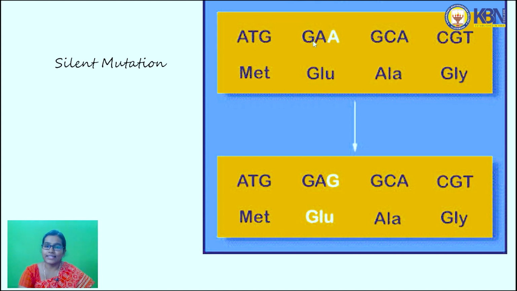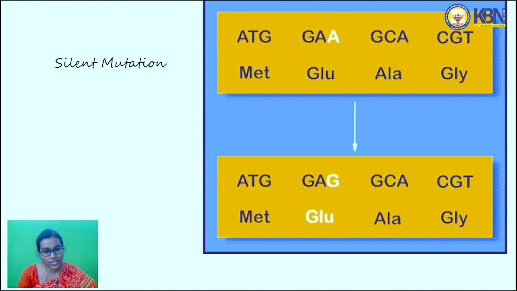Both the codons GAA and GAG, they both code for the same amino acid GLU. And whenever the A is replaced by G in GAA, we get GLU and there is no change at all.